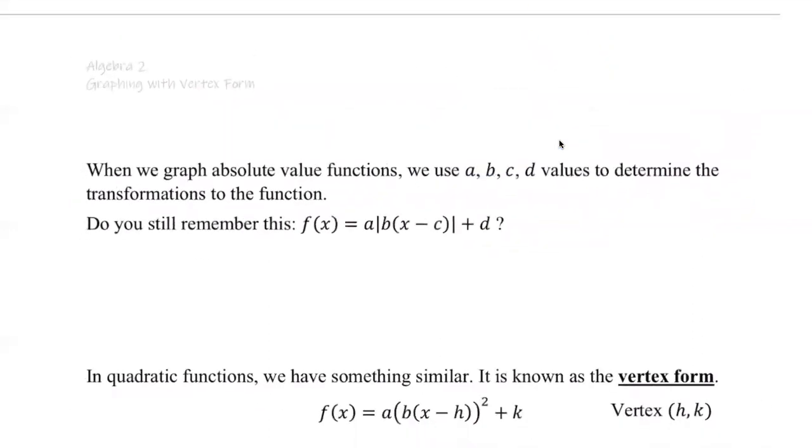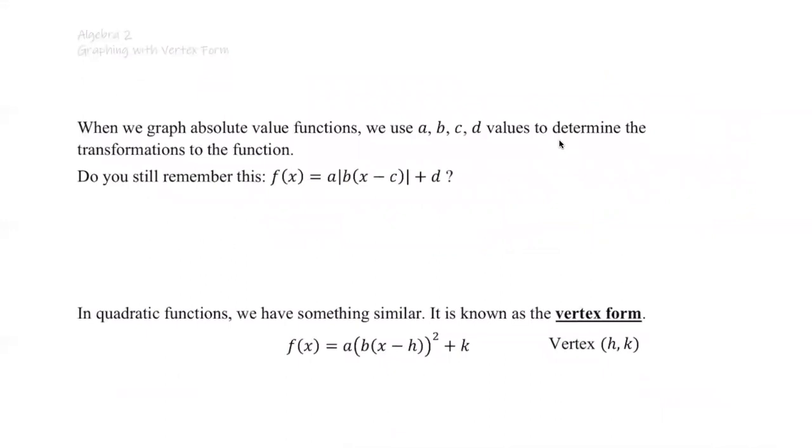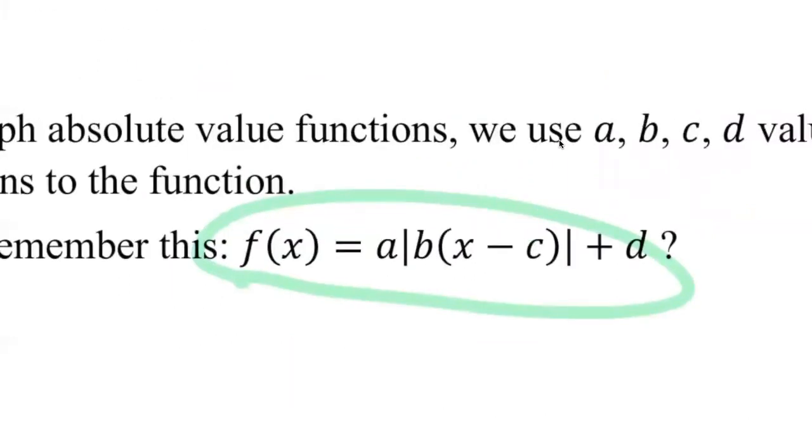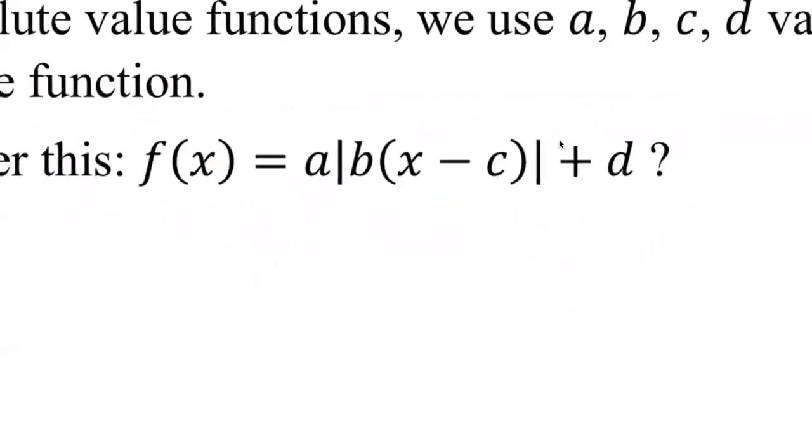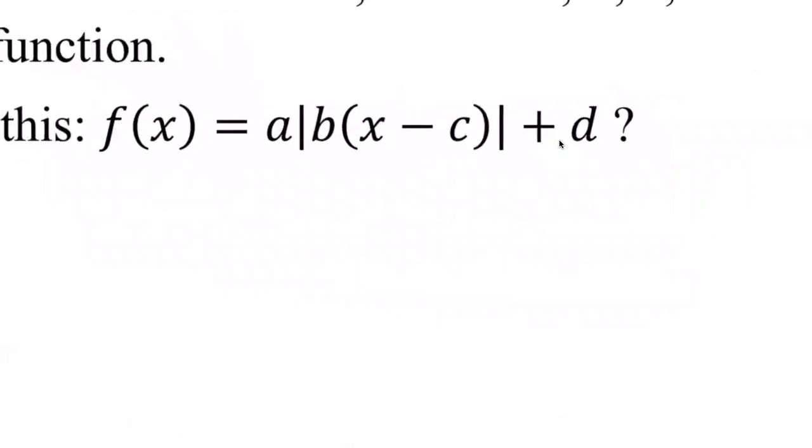All right, now the next thing that I want to go over is, do you still remember the guys right here? So you have the absolute value function. Do you still remember the a, b, c, and d values? All right, now let's go ahead and do a little recap of these a, b, c, d's. So again, the a value represents the vertical stretch and compression or shrink.